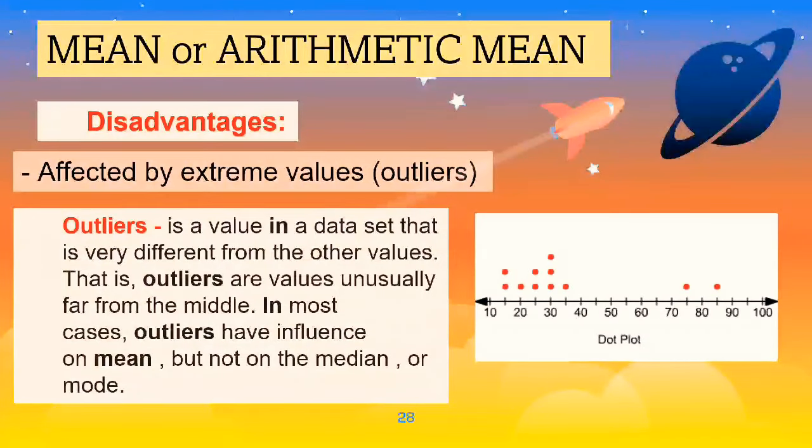Considering this example, getting the mean of this set of data shows that there are so many outliers or extreme values when we put it in a data distribution.